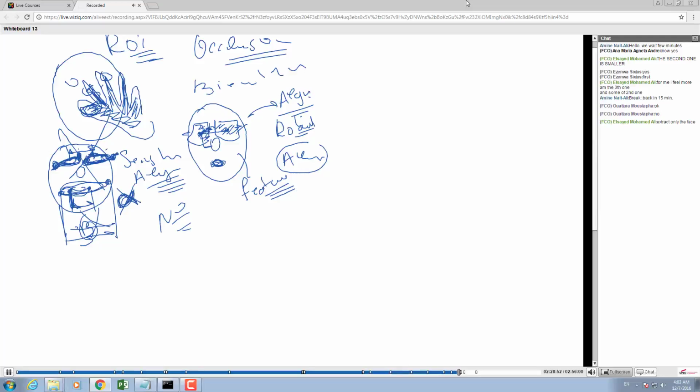I was talking about occlusions. So what we saw, yeah, we have the occlusion due to the glasses. We talked a little bit about the problems with makeup. What else?